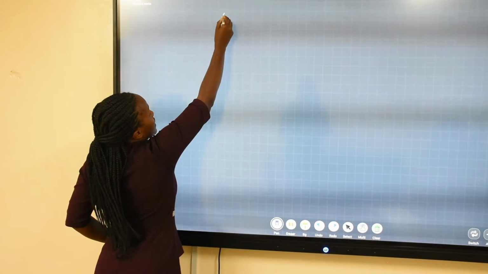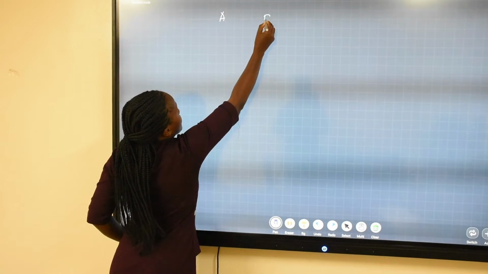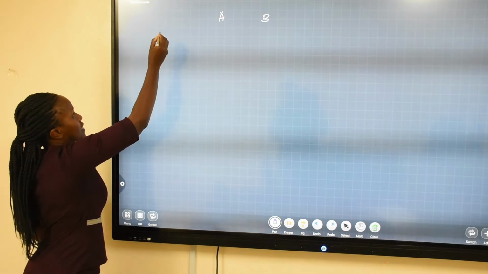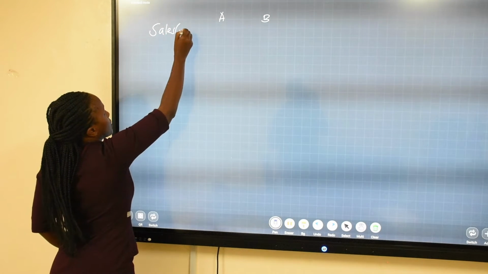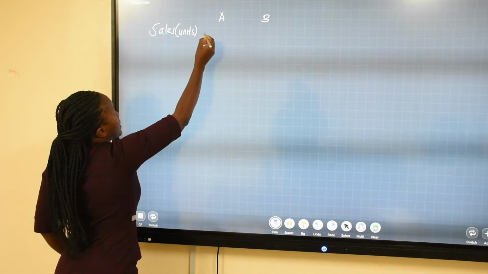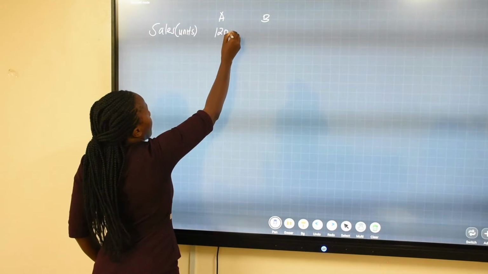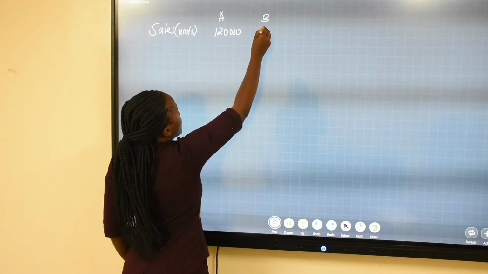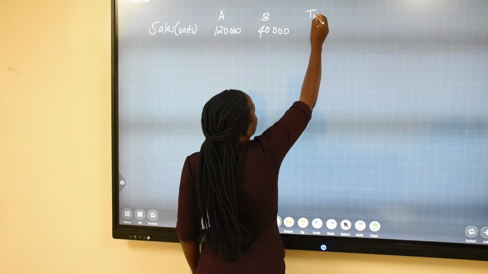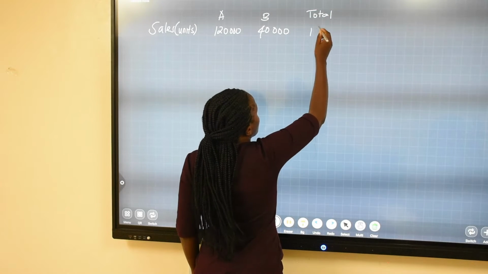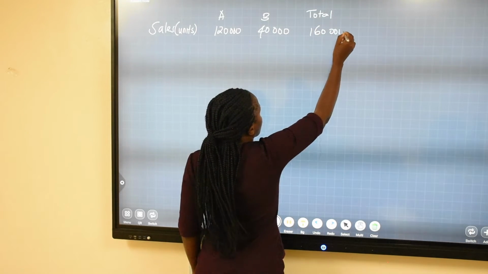We have product A and product B, and you have the sales in units as 120,000 and 40,000. And we can get a total column here. Total, it is going to be 160,000.